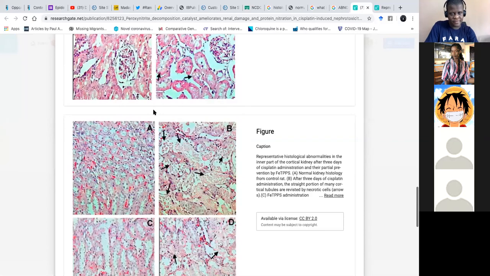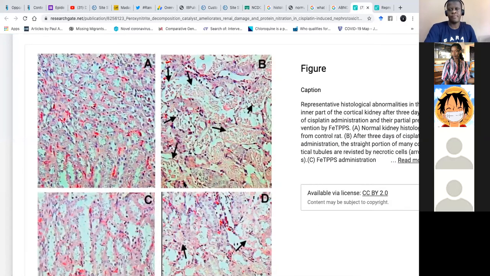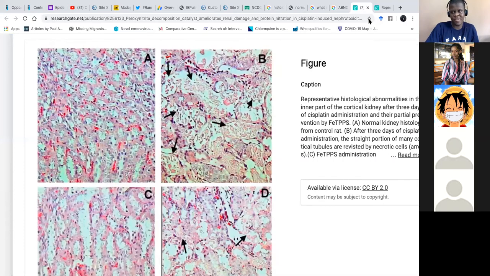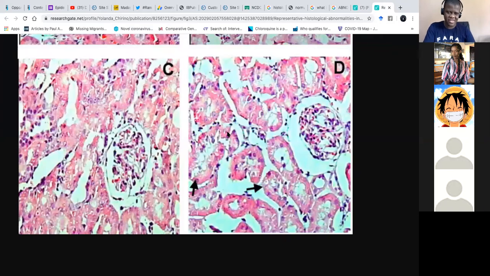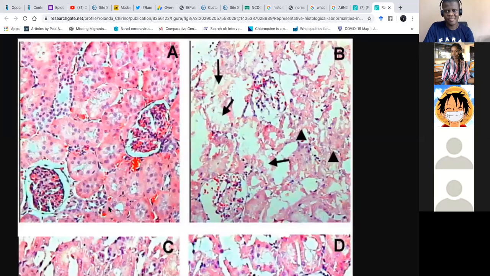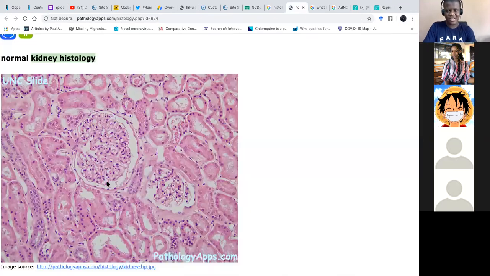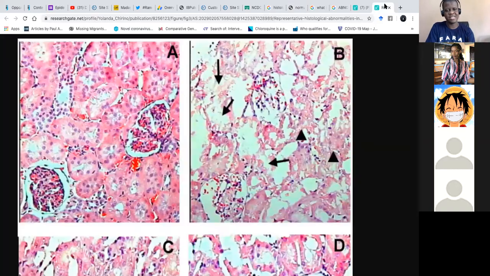The normal kidney's color is brighter. Okay. So what of the abnormal kidney? Okay, I think that's a good try. Who else? Osunka, sorry if I'm not getting your name right, what difference can you see between these and this? Oh, Nene.